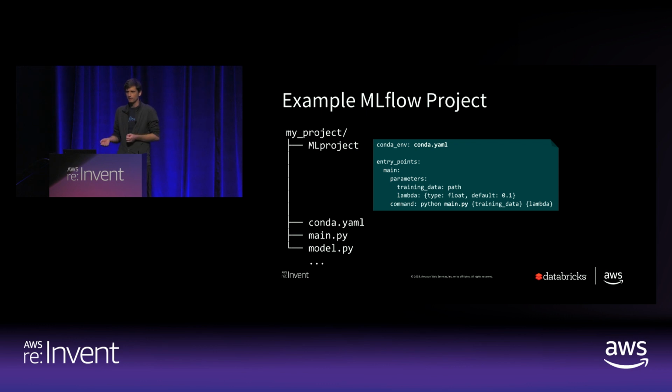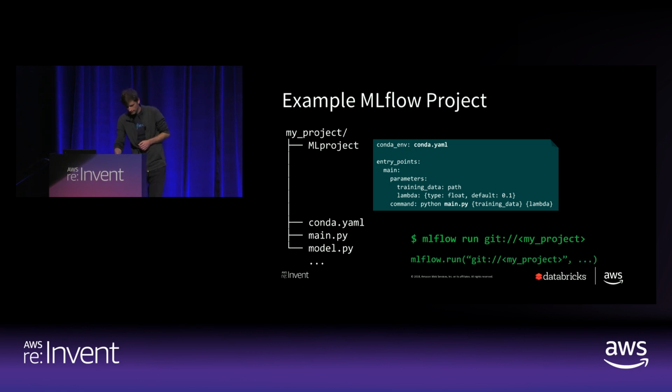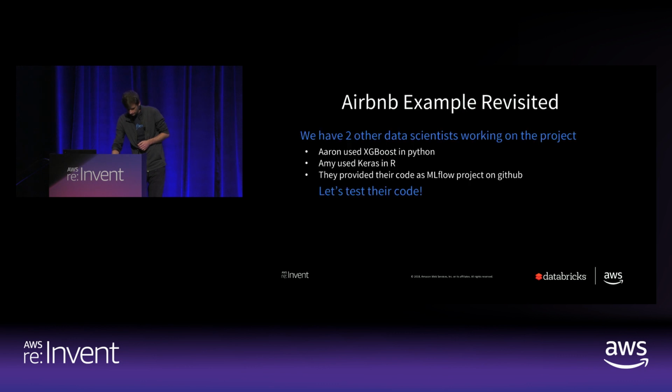You have just like one unified interface how you can execute whatever the ML project is. And now here's an example how you can run it. So let's say if this project was sitting on Git, I can execute it directly from Git, in which case MLflow will log the Git hash, and you get exact version of the code that ran. And I can run the same from Python.